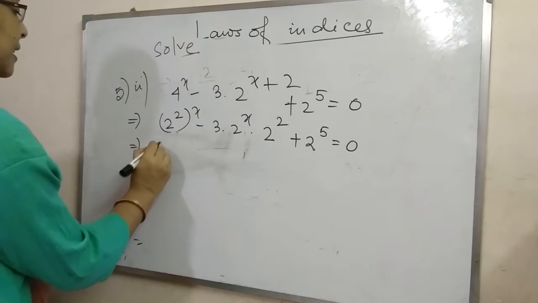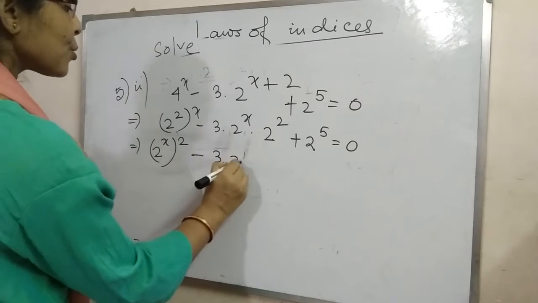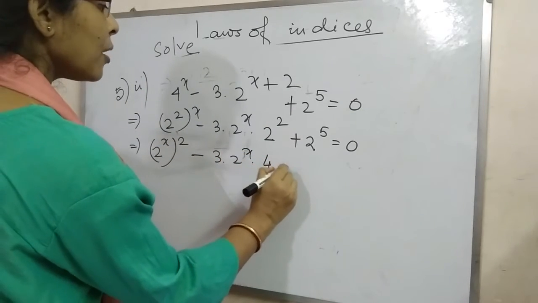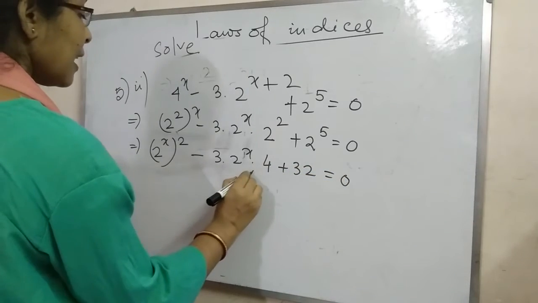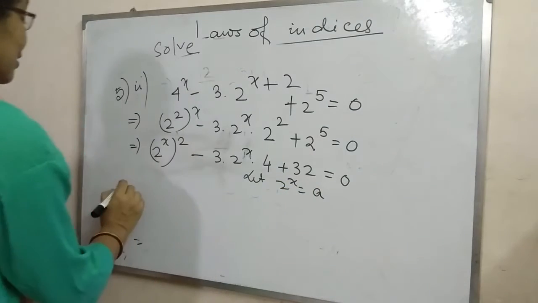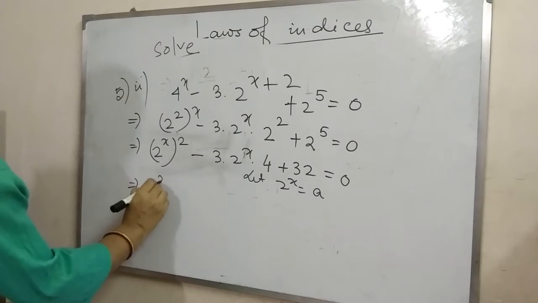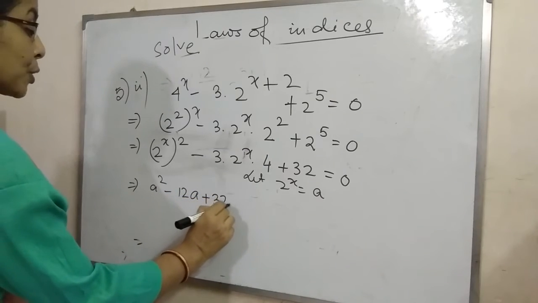I can write it in this way, 2 to the power 2x minus 3 into 2 to the power x into 4 plus 32. This is equal to 0. Let 2 to the power x equal to a. So I can write it in this way, a square minus 12a plus 32.